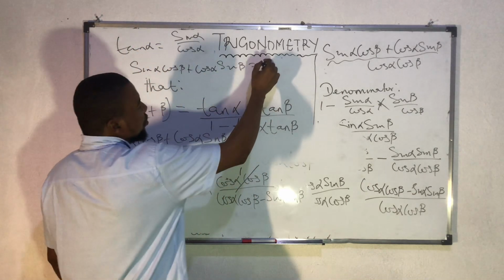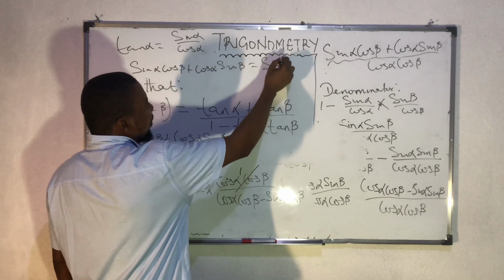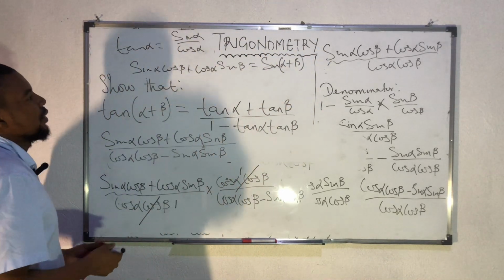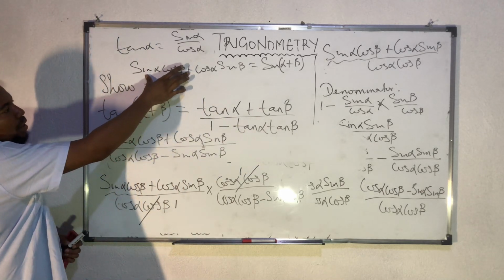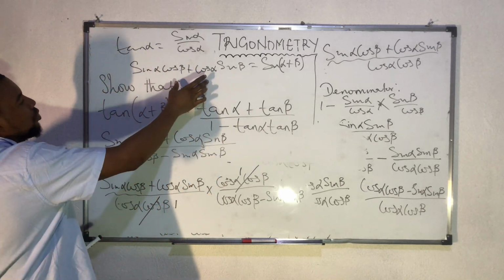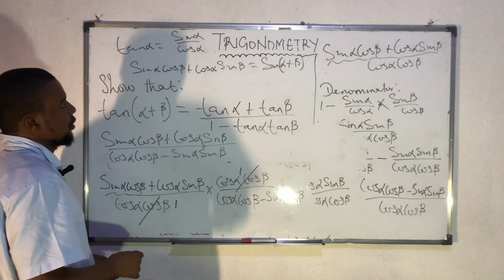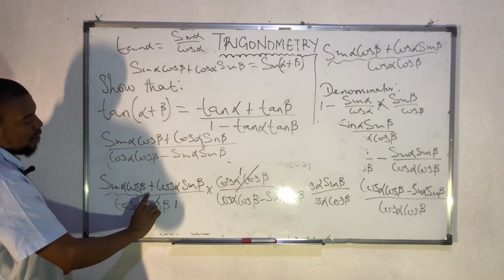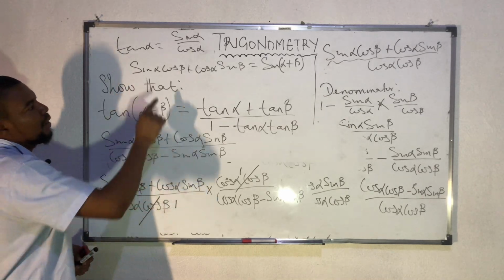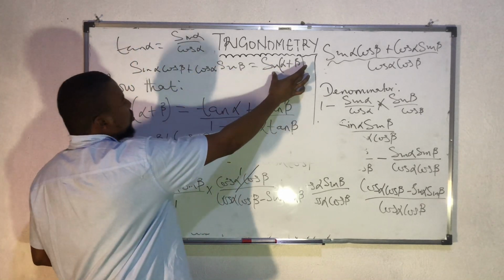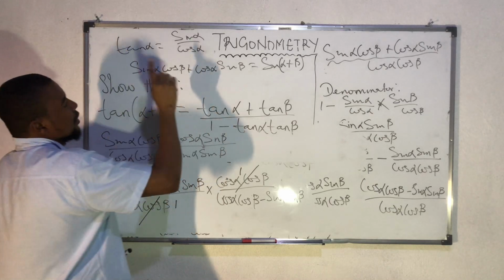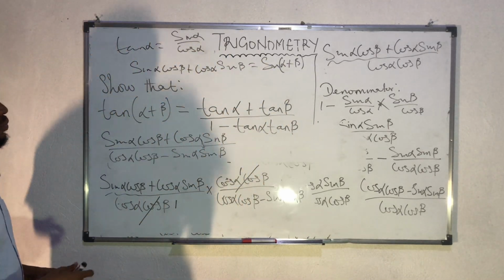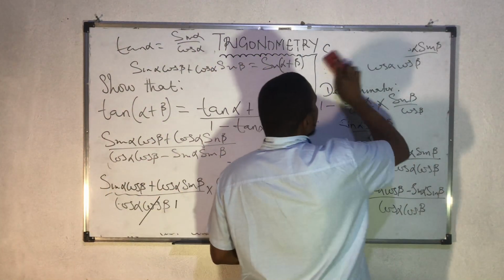This is equal to sine alpha in bracket plus beta. This is a sum and difference formula which you need to know if you want to prove trig identities. Therefore, since this sine alpha cos beta plus cos alpha sine beta is the same with this and it is equal to this, we're going to replace all this expression with this. That's the next thing that we're going to do.